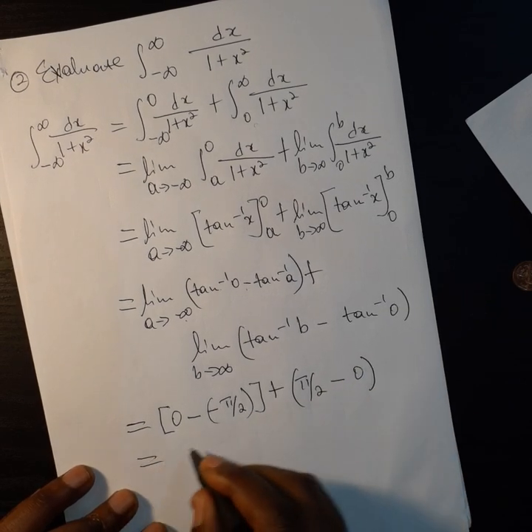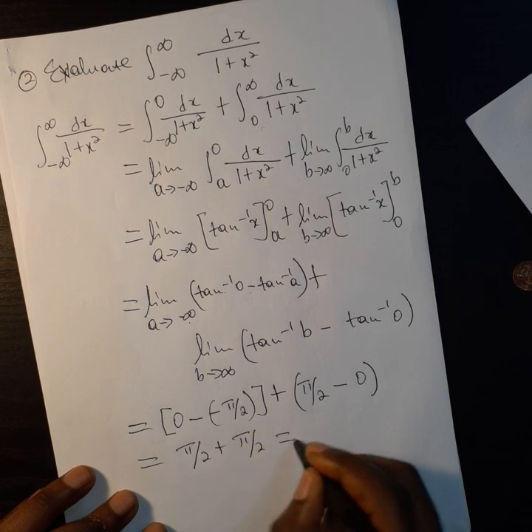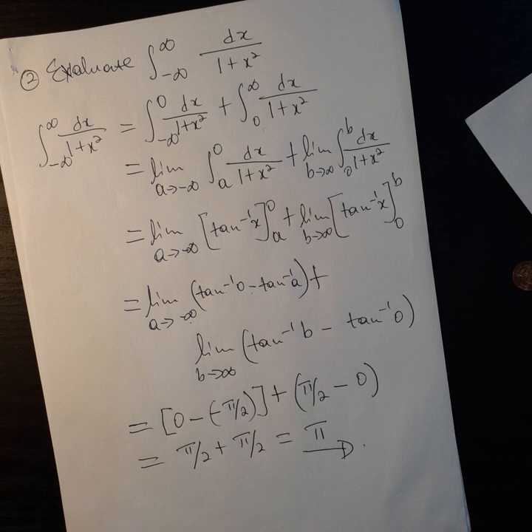This will give us pi over 2 plus pi over 2, which is equal to pi. A wonderful answer, a nice answer to look at.